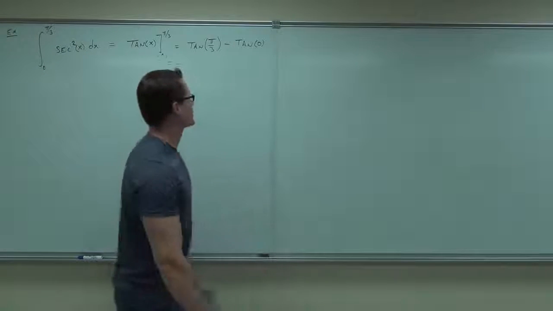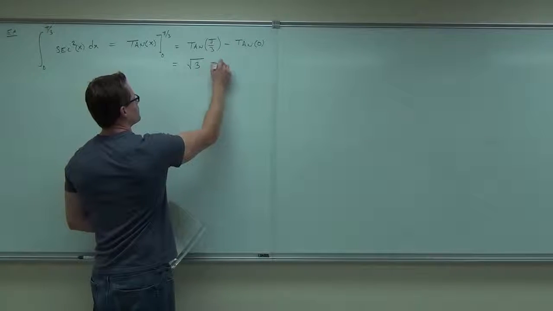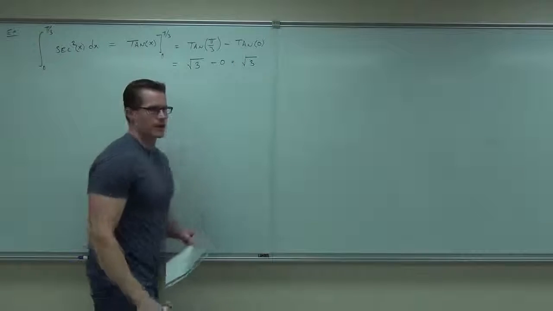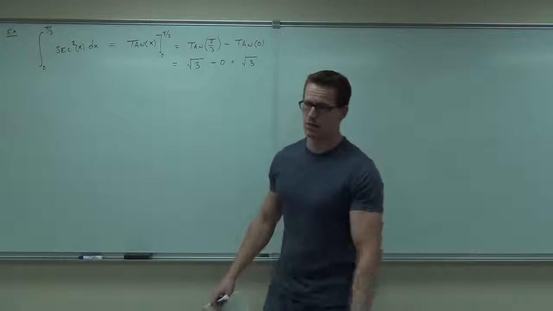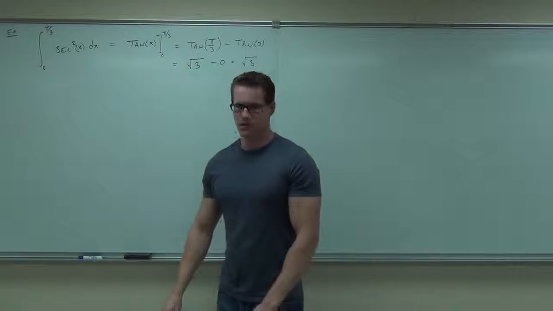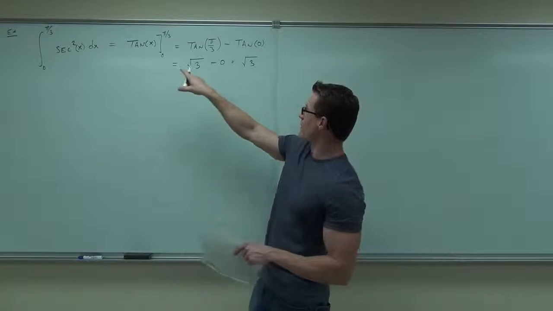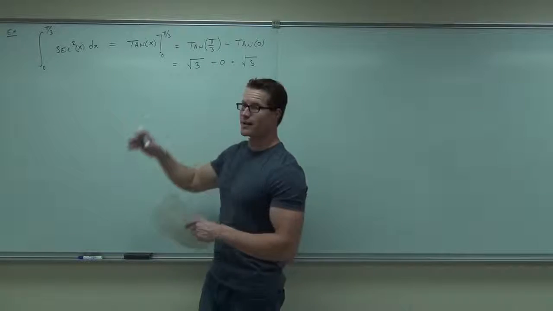Yeah, okay, very good. Learn the unit circle. Root 3 over 2 divided by 1/2. Reciprocate, multiply, you get root 3. That's because it's sine over cosine. You need to know that. Okay, anyway, so the area underneath the curve of secant squared between 0 and pi over 3 is square root of 3.